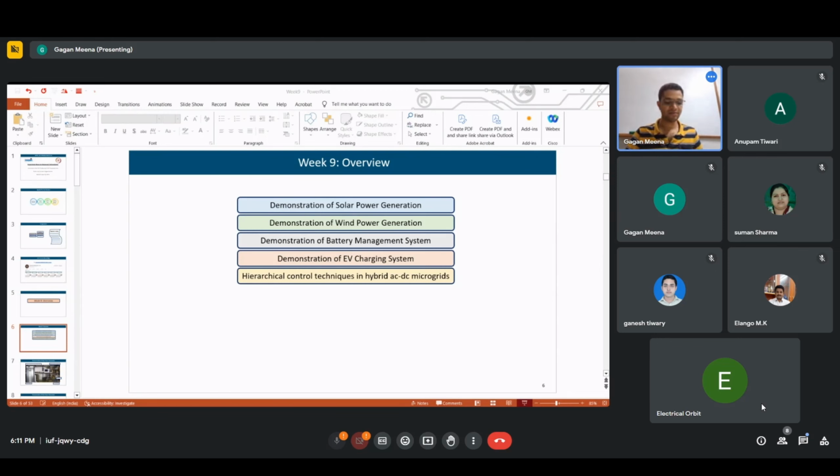So whatever algorithm, whatever proposals we have made, we want to test on a real system, but we cannot go to a distribution system and put our algorithm there or our charger which we have created. We cannot do that. Or we cannot go to a transmission line and connect our PV generation there directly to perform the study. So we have to perform the study before the actual connection.